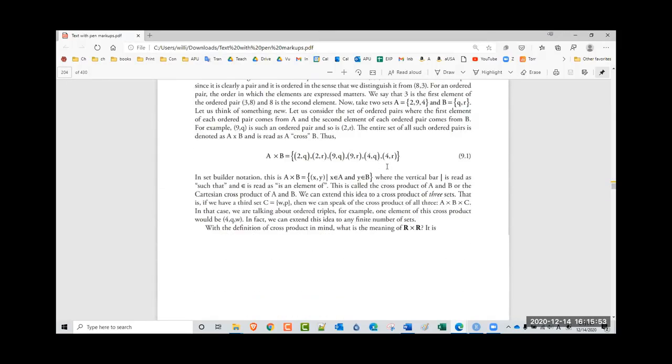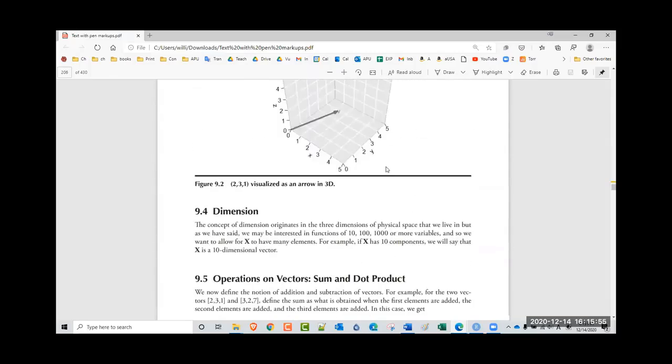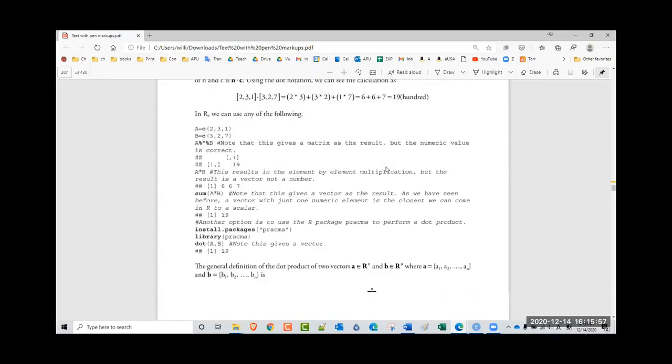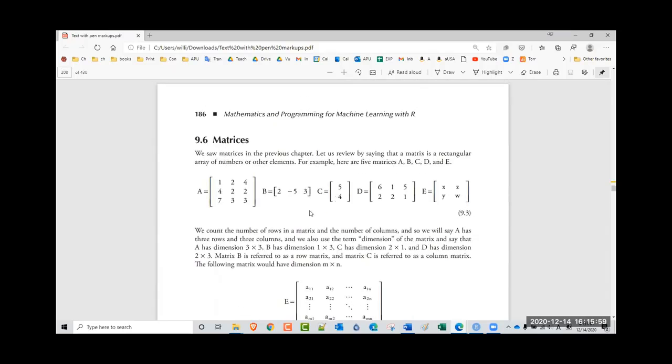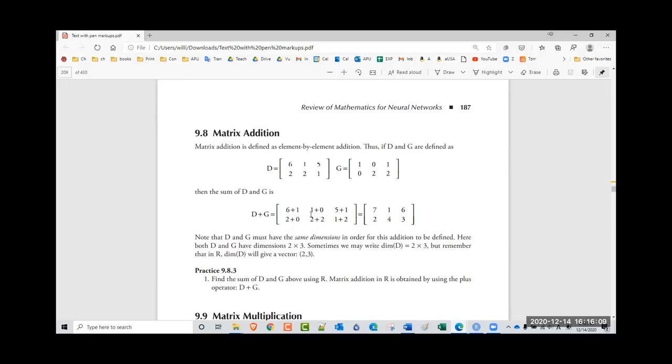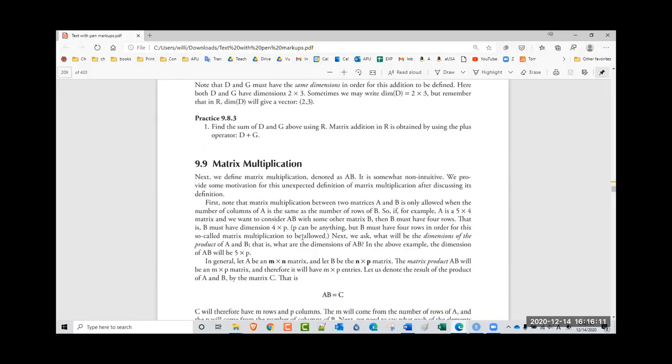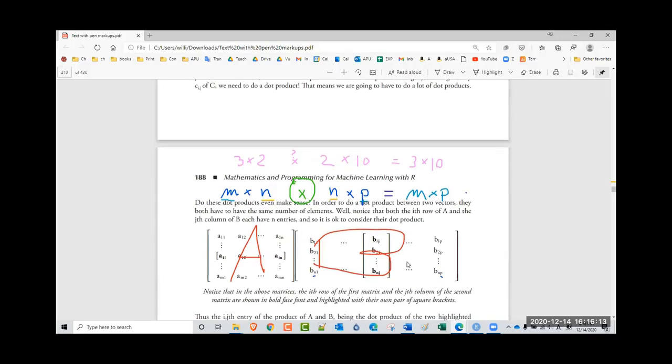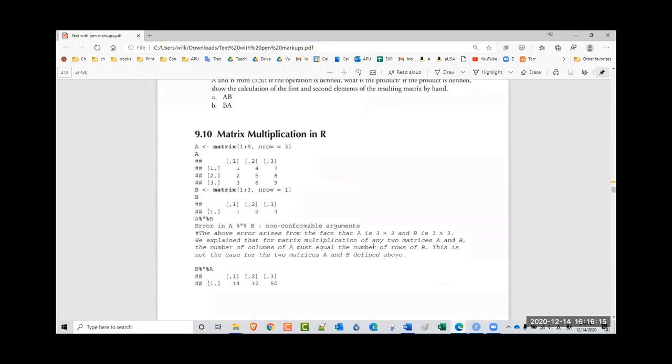We have the concept of vectors, and we can add them and multiply them. We have matrices, and we can think of a matrix as a bunch of columns, and we can add matrices. We can multiply matrices like we did last time.